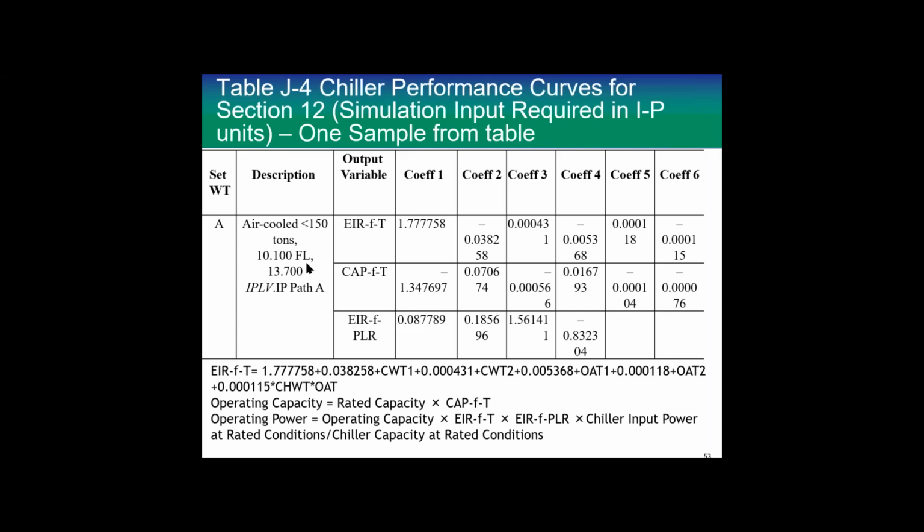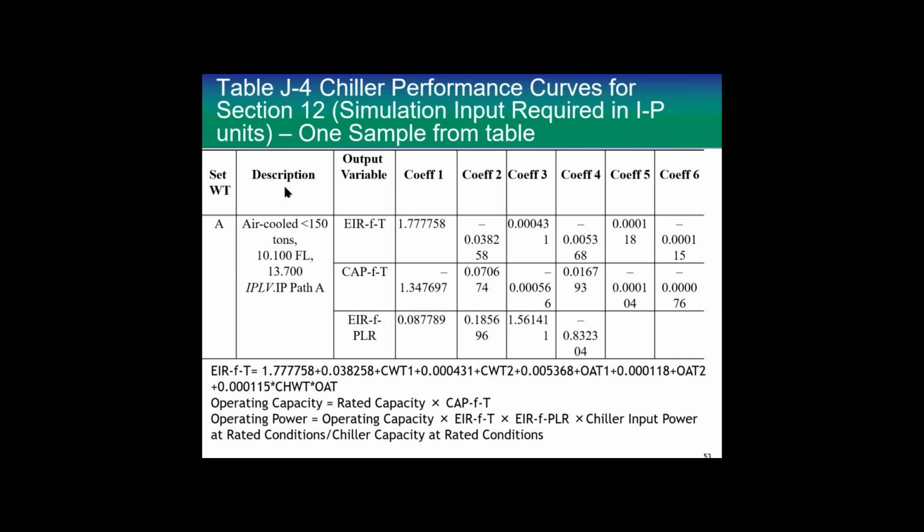And then path B is 13.7 part load. So this one would be more efficient in part load and less efficient in full load. So this is the path A from the efficiency table.